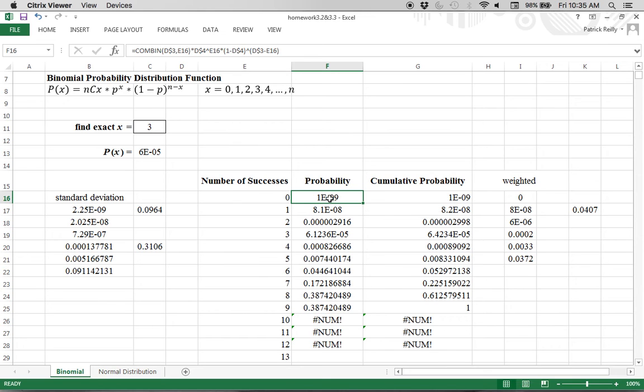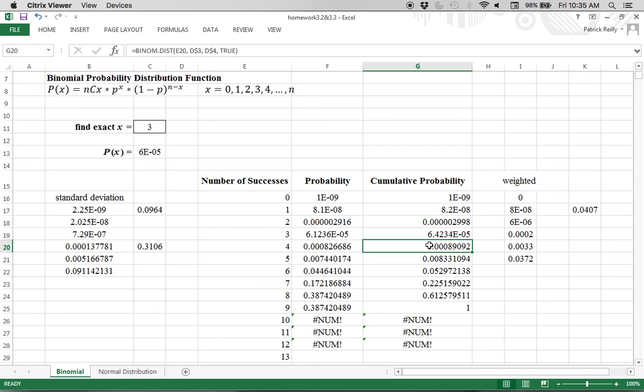Less than 5. So if we go over here to the cumulative, that's going to tell us the probability of getting 4 plus 3 plus 2 plus 1 and 0 large screen TVs in 9. Go over to the cumulative probability.